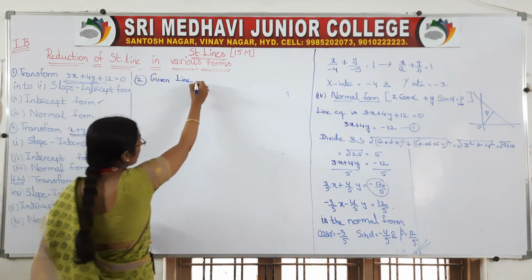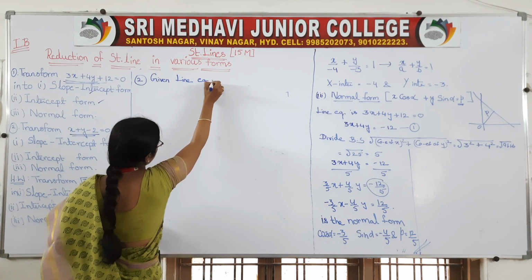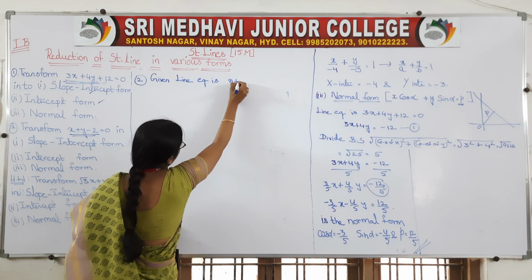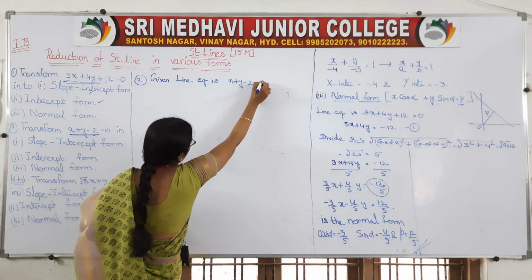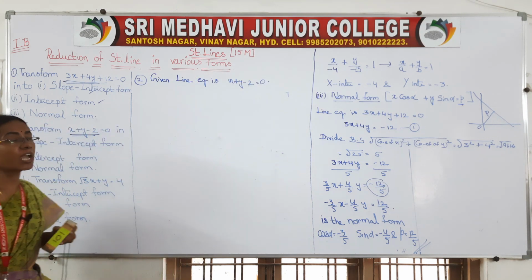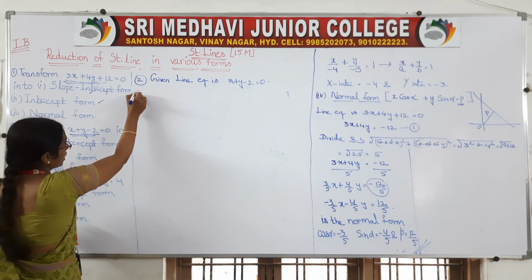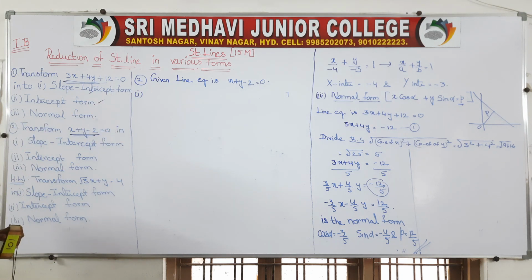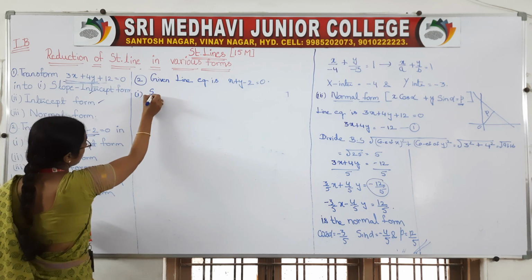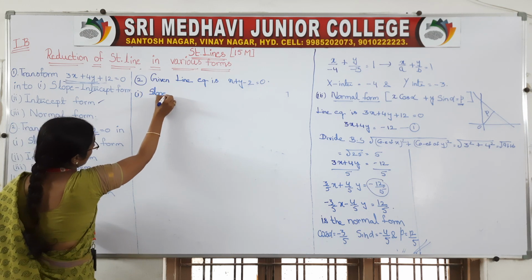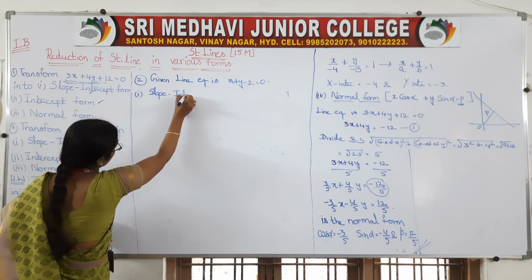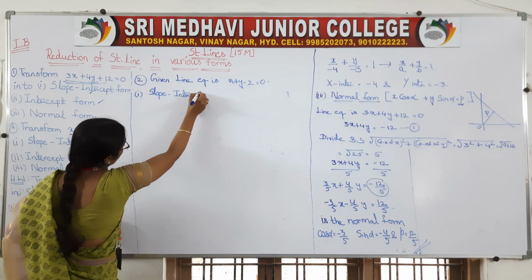The given line equation is x plus y minus 2 is equal to 0. We have to convert it first into slope intercept form, then intercept form.